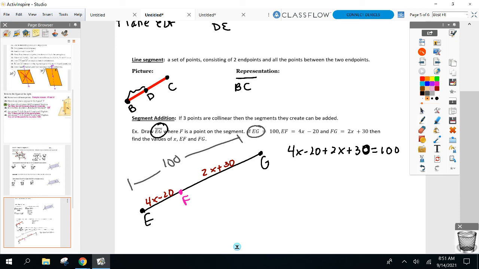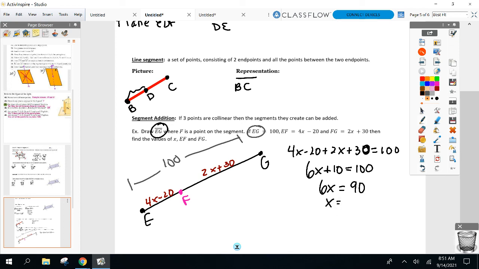Combine your like terms. 6x plus 10 equals a hundo. Move the 10 over and divide by 6.